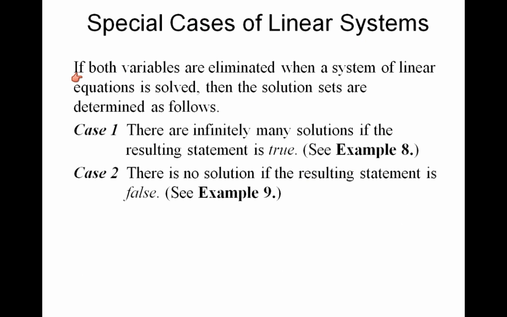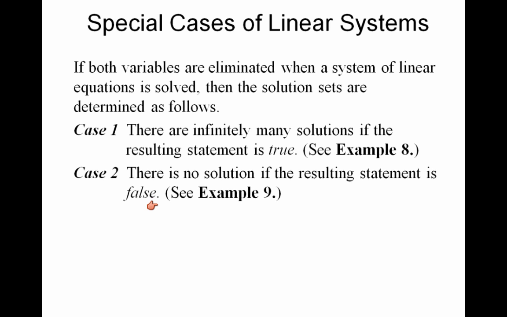These are special types of cases that we have. Special cases of linear systems: if both variables are eliminated when a system of linear equations is solved, then the solution sets are determined as follows. Case number 1: there are infinitely many solutions if the resulting statement is true, like the example we did earlier. Case number 2: there is no solution if the resulting statement is false. Does that make sense?